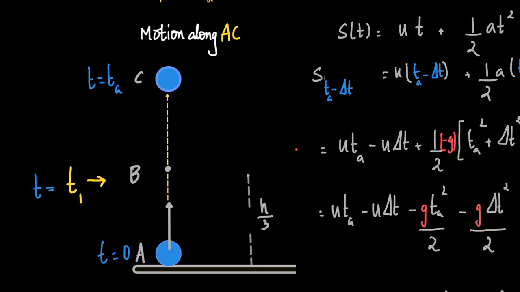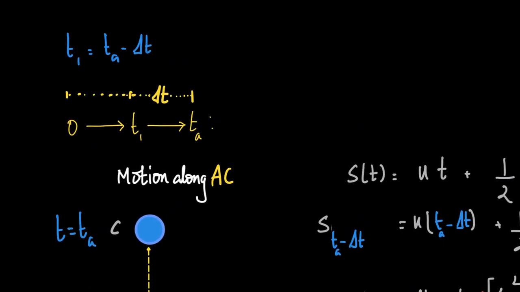Time t equal to 0 to t equal to t1 to t equal to TA. So this complete time is TA. The time to reach B is t1.